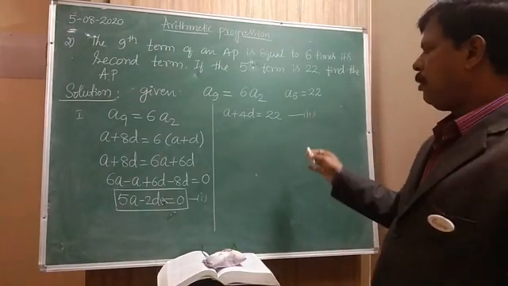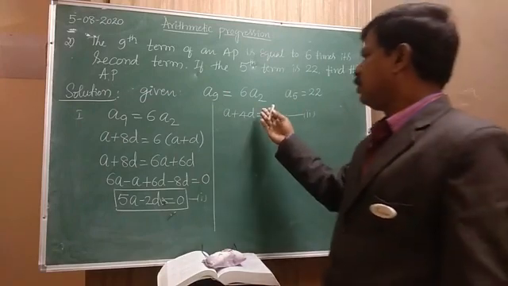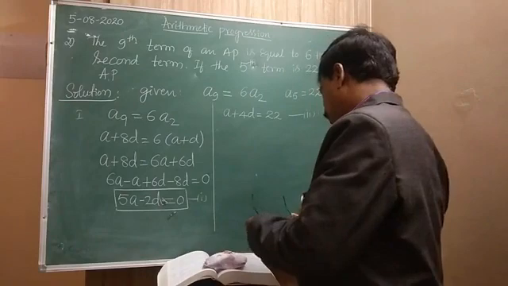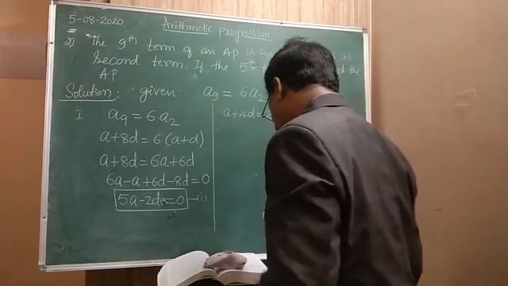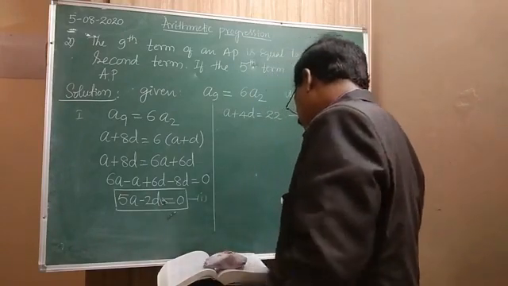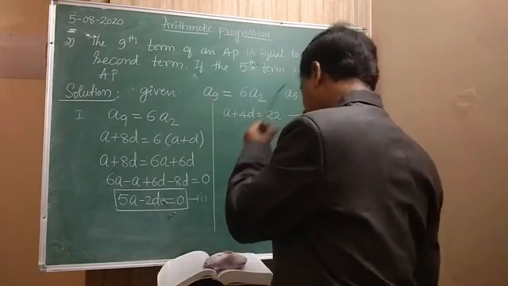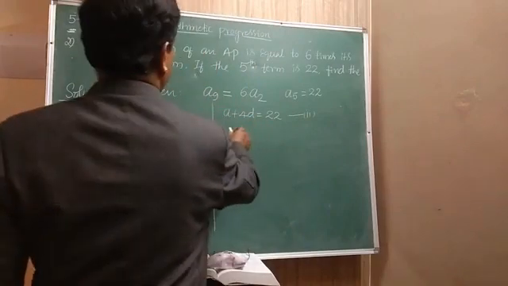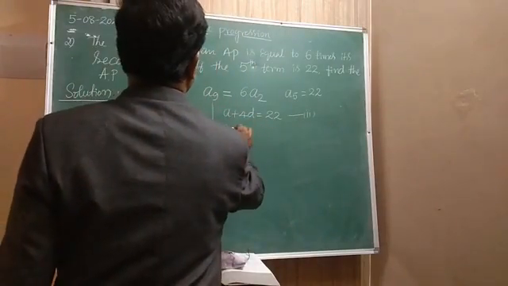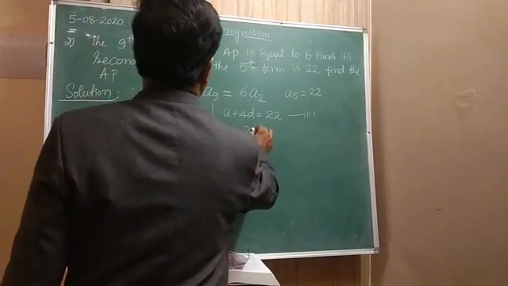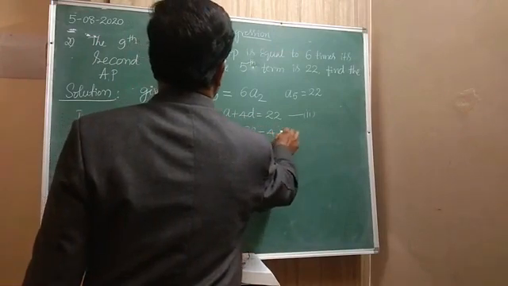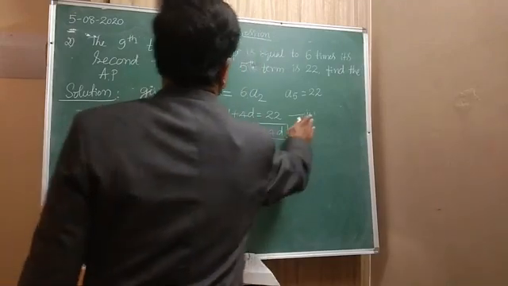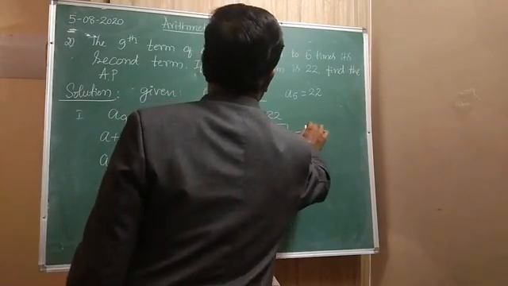Clear? Now this means solving a simultaneous equation. We should solve that. Or you can take this as A is equal to 22 minus 4D. Substitution method. So this is equation number 2.